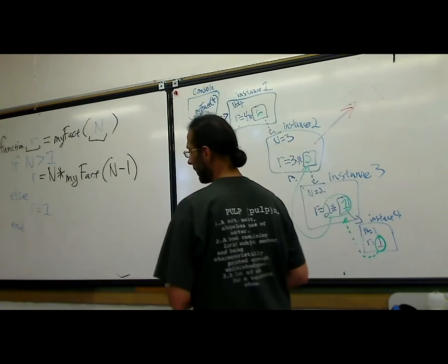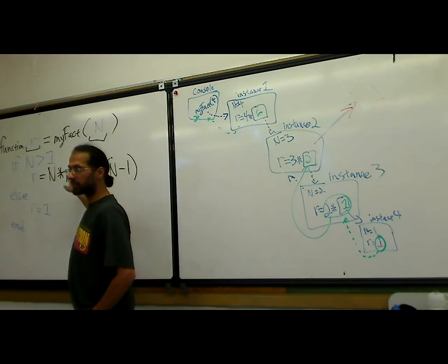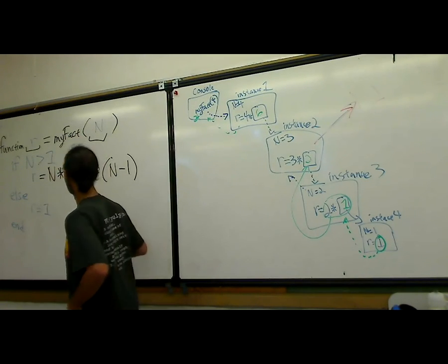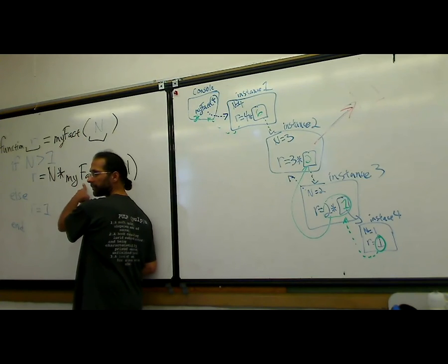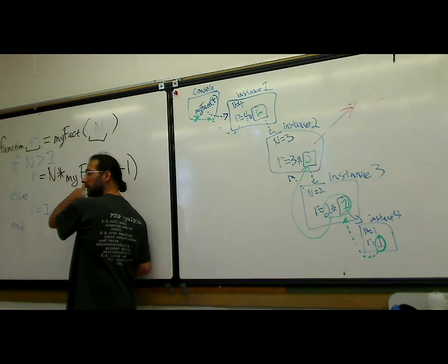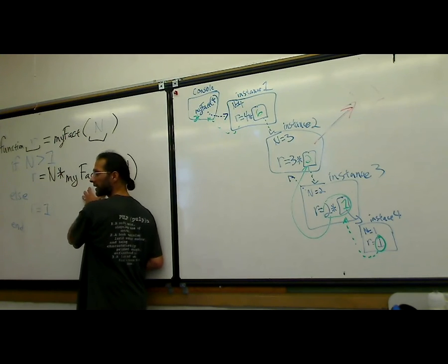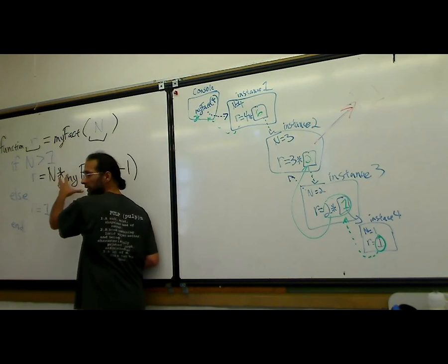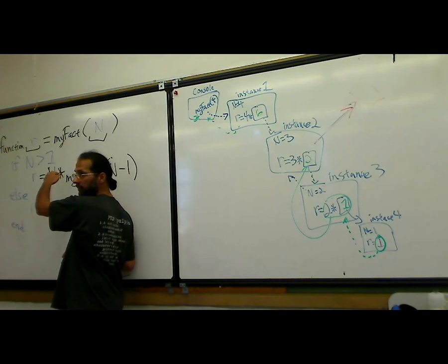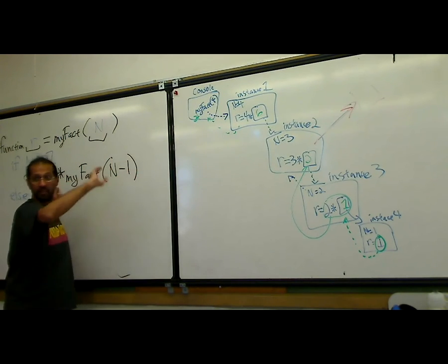So one thing to know about when you do this sort of call to a function from inside of a script or inside of a function, when you call myFact, this is true in MATLAB. It may not be true in other languages. When you call myFact, this script that's doing the calling actually stops. myFact gets called. It does whatever it needs to do.